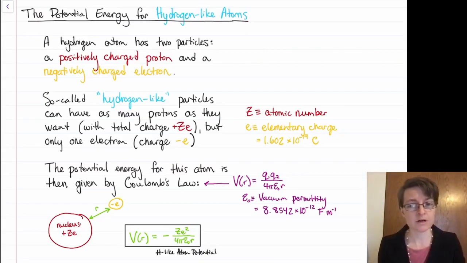Coulomb's law also says that the potential is inversely proportional to r, the distance between the two particles. So in our case, our nucleus has a charge of positive Ze, our electron has a charge of negative e, and that gives us a potential for these hydrogen-like particles of negative Ze squared divided by 4 pi epsilon naught r.